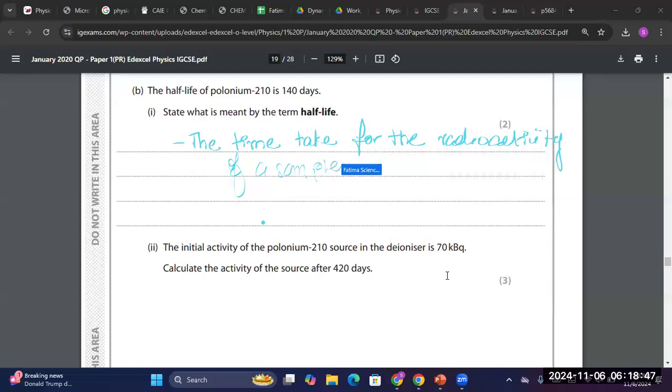Okay, this is how we define half-life. It's the time taken for the radioactivity of a sample to decrease by half. How long will it take for the radioactivity to become half of the previous value? Okay, that is going to be half-life.